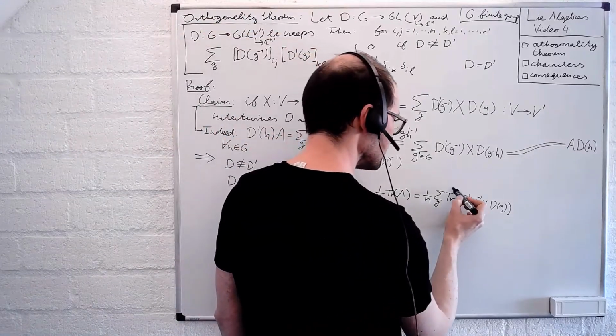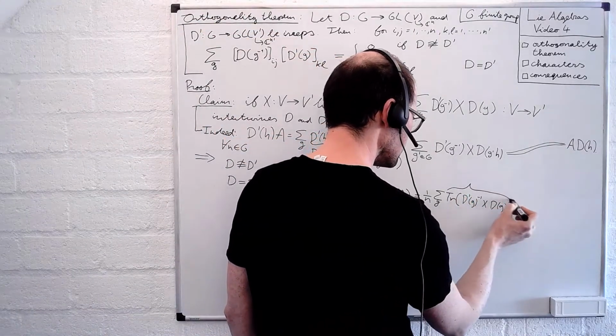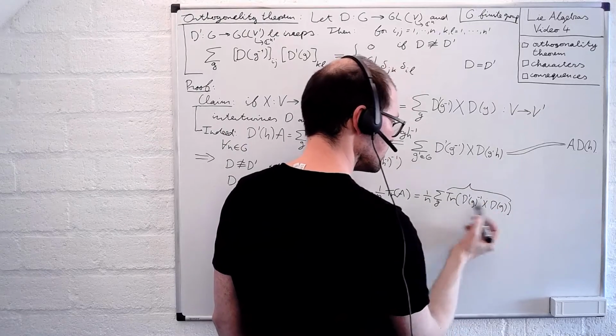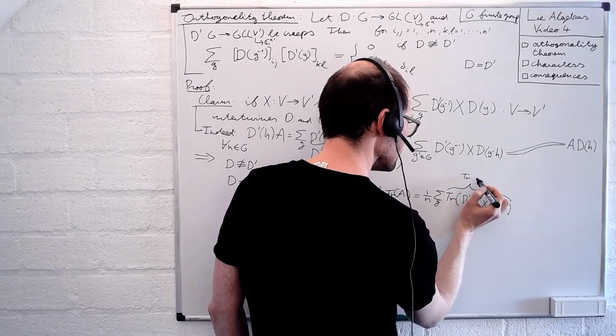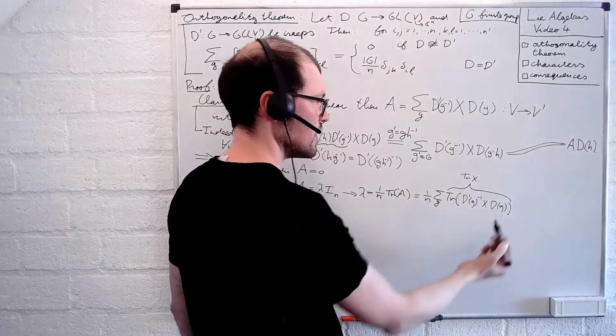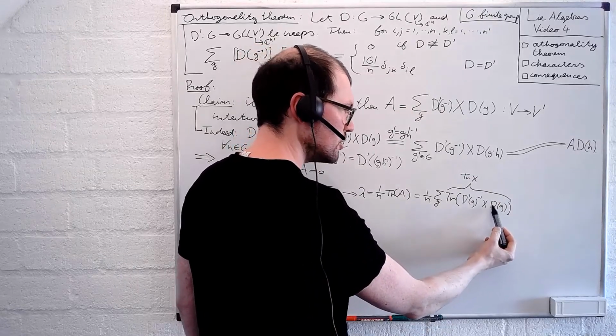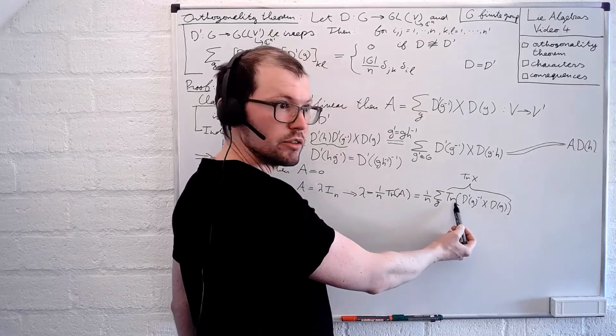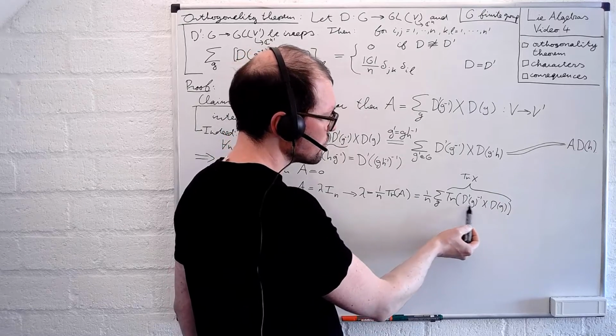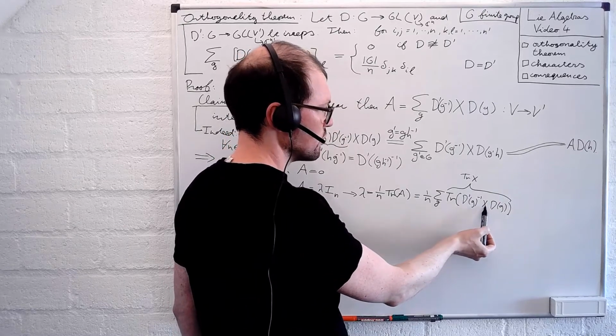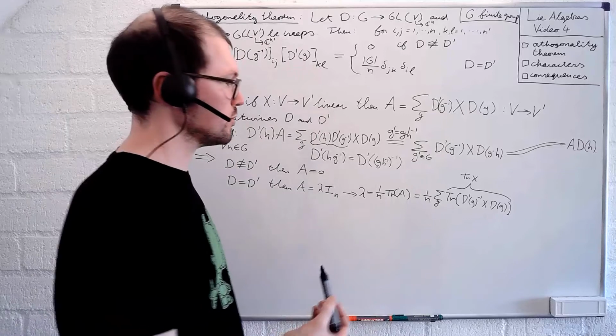But this trace, since a trace is cyclic, is just the trace of x. I can take my d of g from the back to the front without changing the trace, so it will cancel this part, leaving me just with the trace of x.